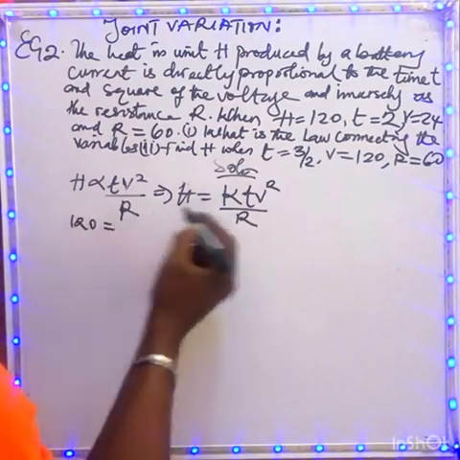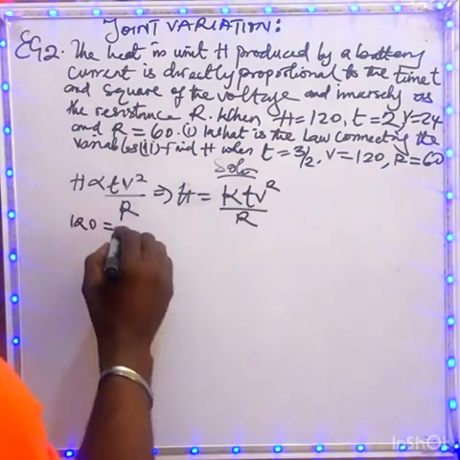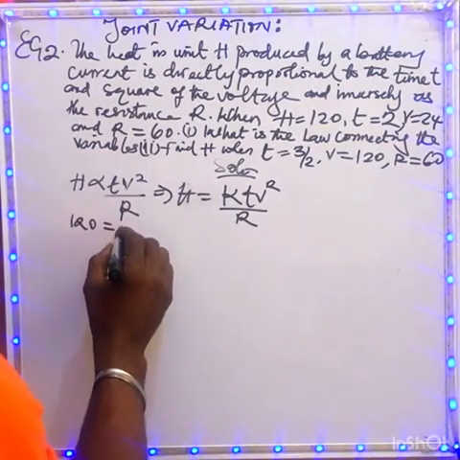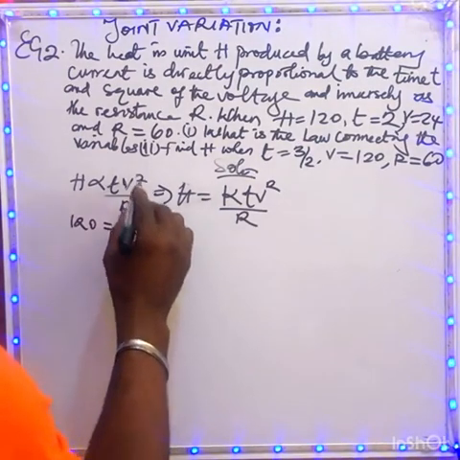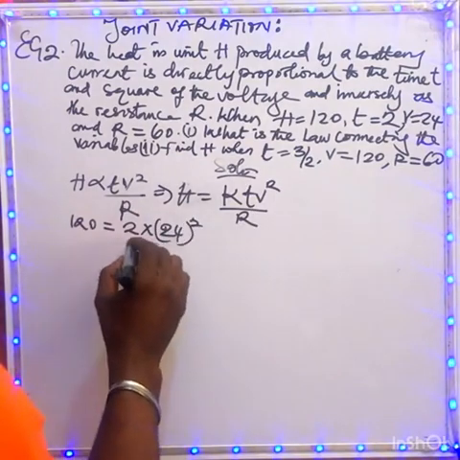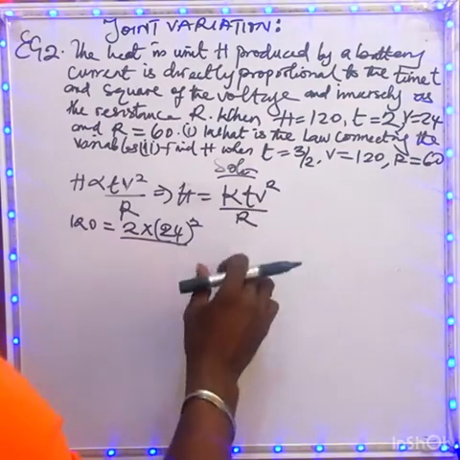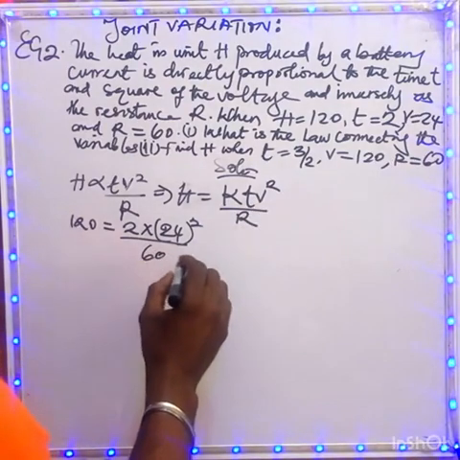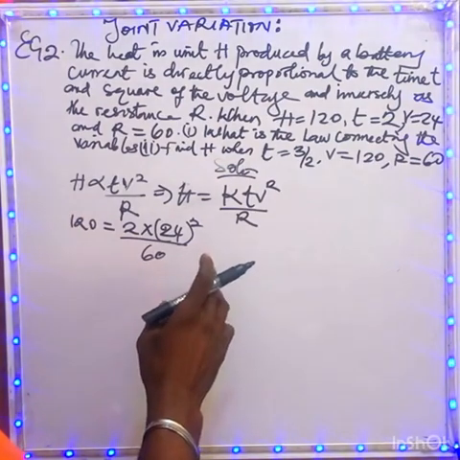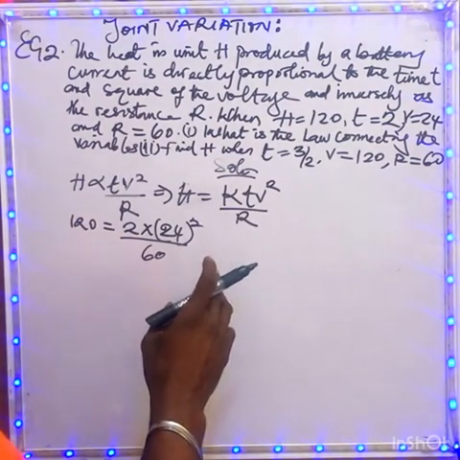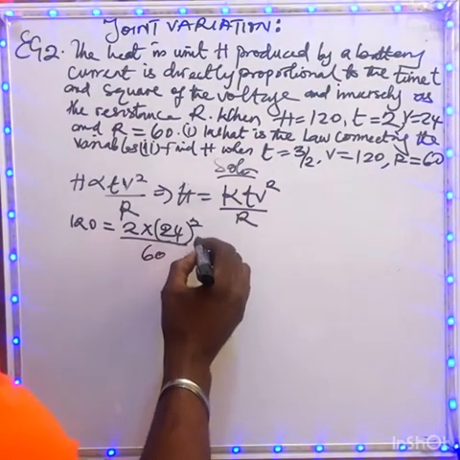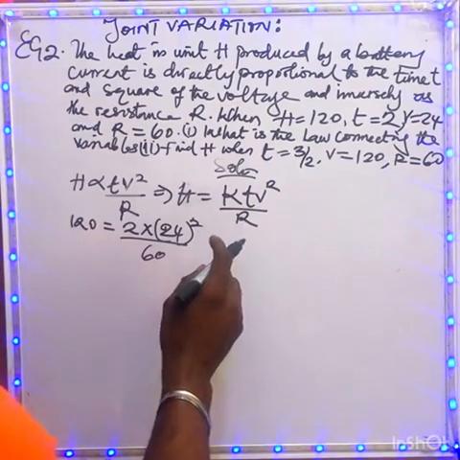But now we are told that H is 120. So in order that we may find the value of K, the constant of the equation, we have T is 2, V is 24 all squared, divided by R, which is given as 60. Now 24 raised to the power 2 is 576.